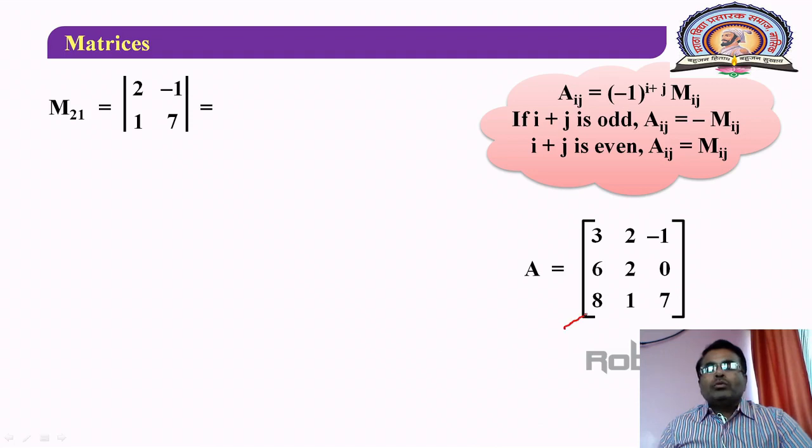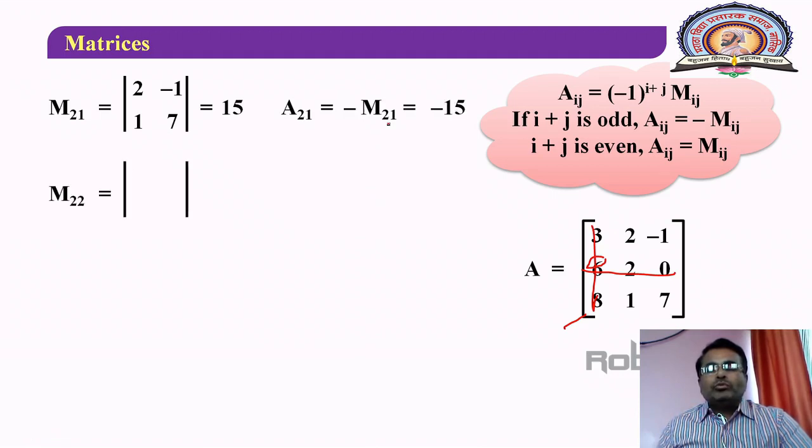Okay. Now we have to consider the next element. For this element, delete its row and column. So you will get 2 minus 1 17. Therefore M21 is equal to 15, and therefore A21 is equal to minus M21, that is minus 15.